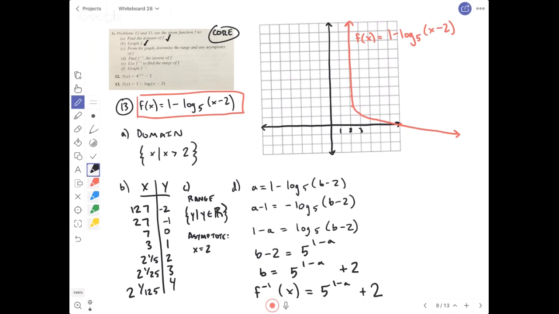And I forgot to put a scale, did I? Okay, so check. I already found f inverse.